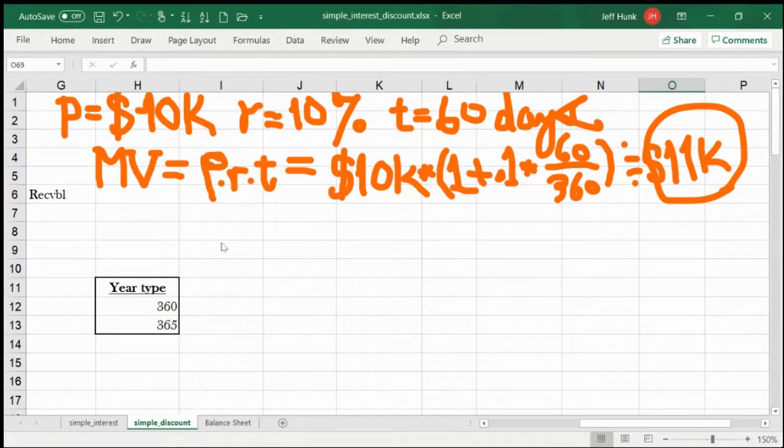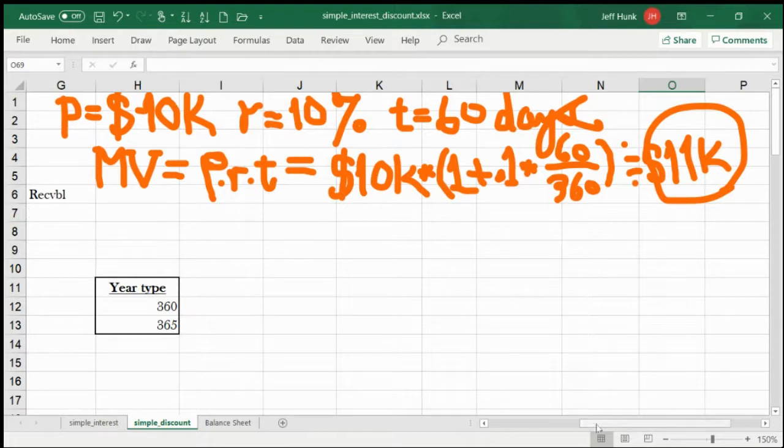So logically, if they brought it on day one to the bank, then the bank pays only the principal, and at maturity they present it to the issuer and receive 11K, and they make the entire interest. They keep it to themselves.